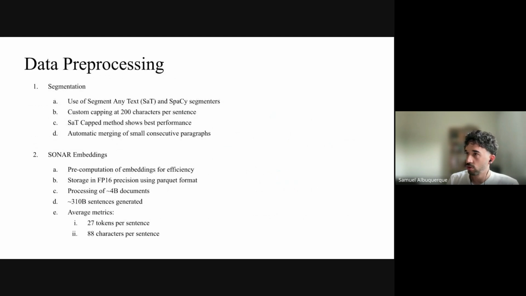And so, before going deeper into the architecture, I think it's worth mentioning some data pre-processing that they did. At first, in the segmentation step, they use segmenters in text or spaCy, and they cap the sentence at 200 characters at max, so the sentences don't have very different sizes.